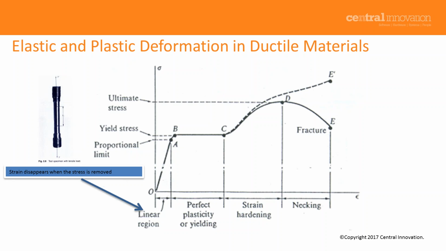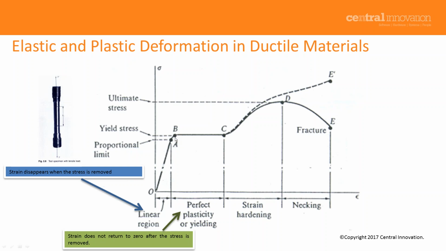Linear static: 1 Newton, 1 millimeter, 2 Newton, 2 millimeter. And simply, if you remove the load, all the stress, displacement, and deformation are removed. After passing one very critical point, which we call yield, the material is going to show different behavior.